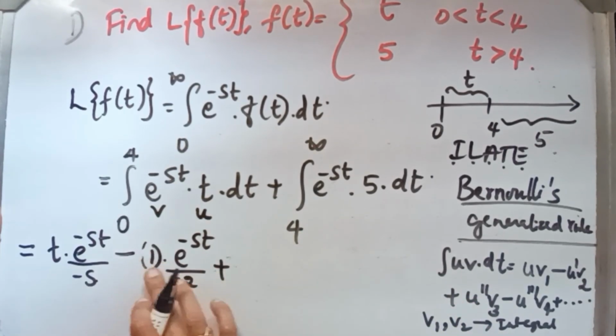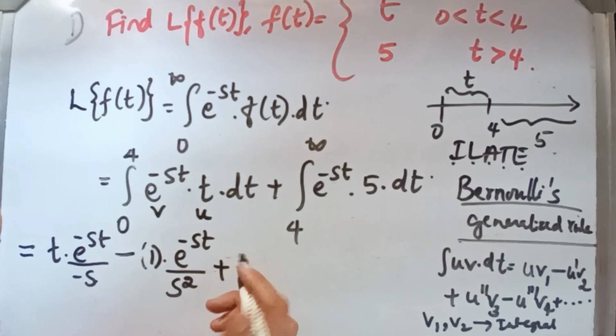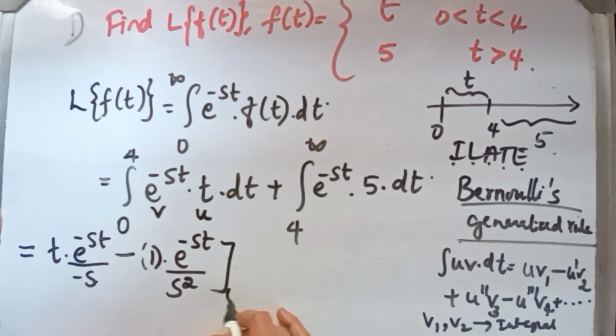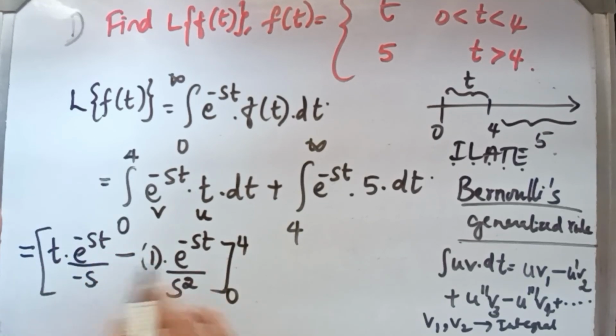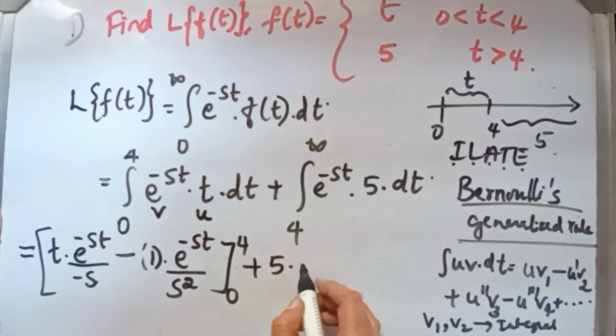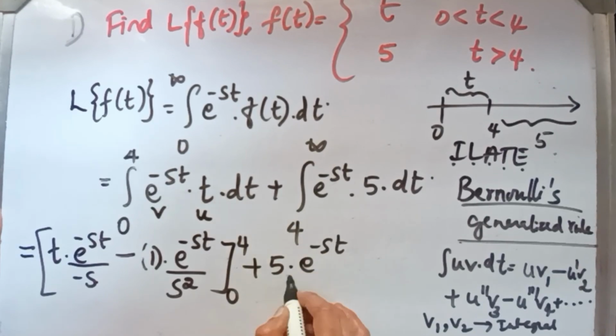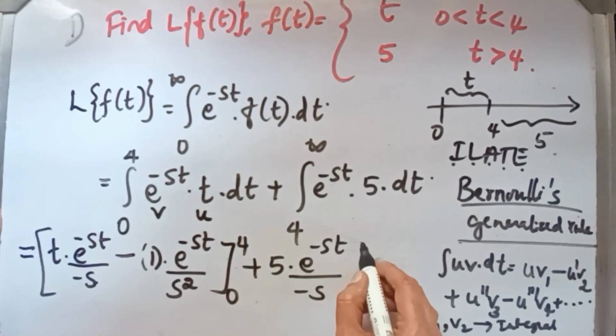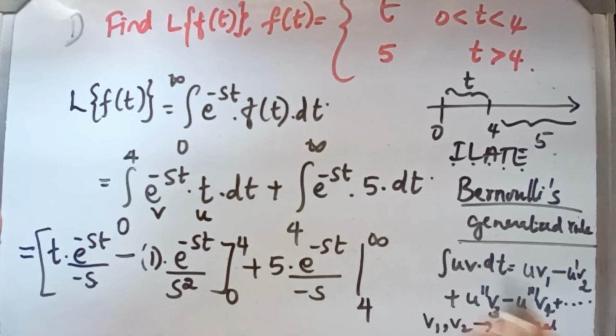What is the derivative of 1? It is 0. So 0 into any value is 0. So it is from 0 to 4. Then plus 5 is a constant, you can take it outside. Integral of e power minus st is e power minus st by minus s from 4 to infinity. Now you have to apply the limit.